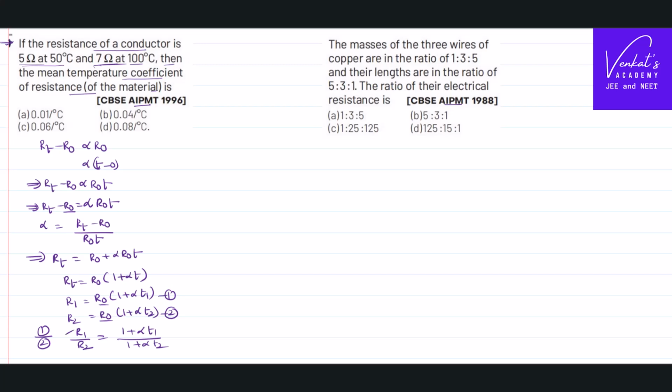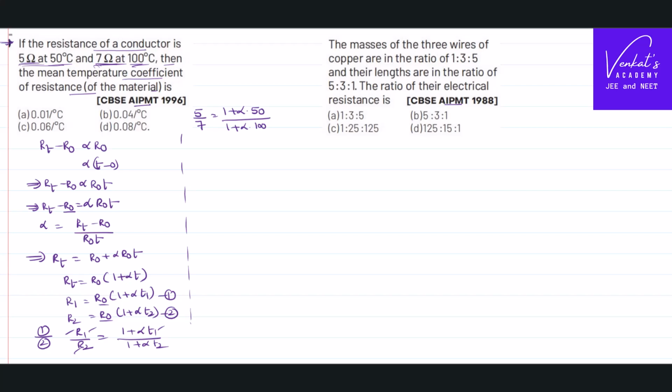Now, R_1 is given as 5, R_2 is given as 7, alpha we need to find, T_1 is given as 50, T_2 is given as 100. So we are ready to apply them in the formula. R_1 is 5, R_2 is 7, 1 plus alpha times 50 by 1 plus alpha times 100.